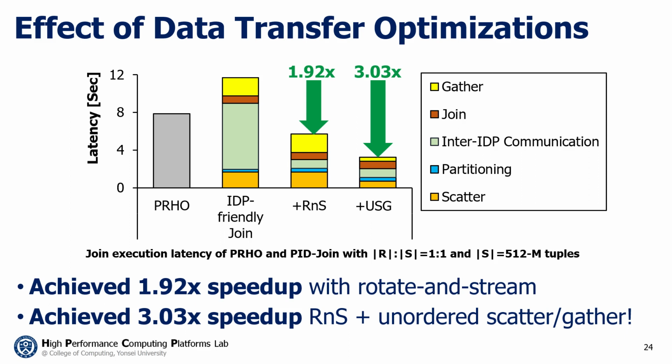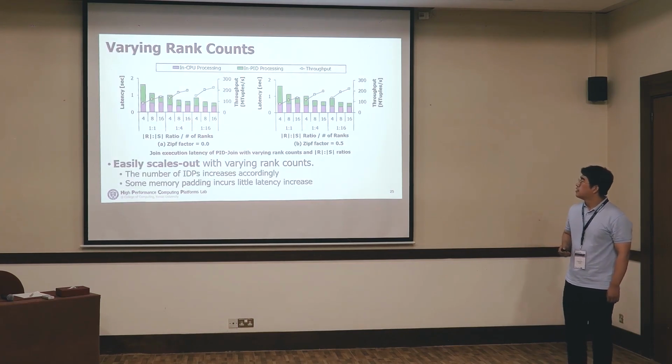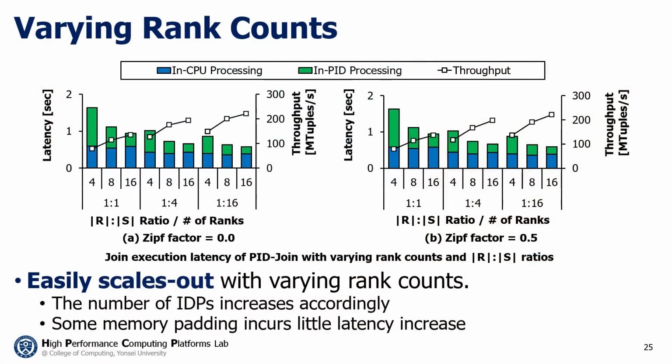When we naively apply the sort-merge join on the PIM side, there is a slowdown compared to the CPU-based join algorithm. So we accordingly apply the rotating streaming and overlap techniques. We can achieve up to 3.03 times speedup compared to the naive implementation. And this is the result of the scalability evaluation.